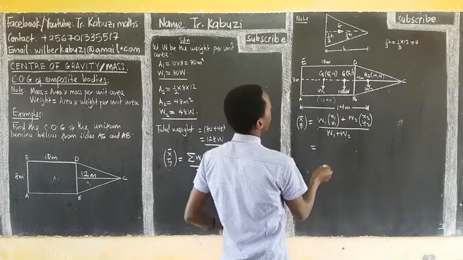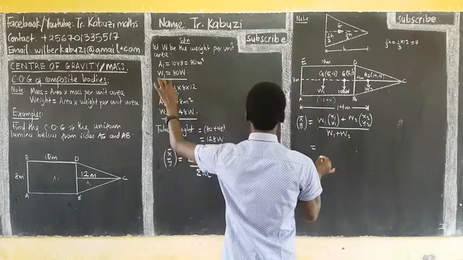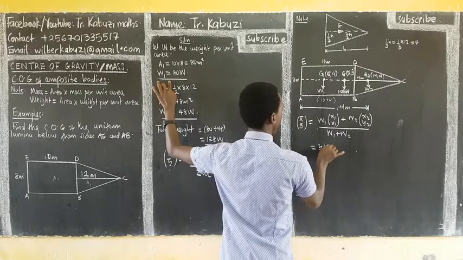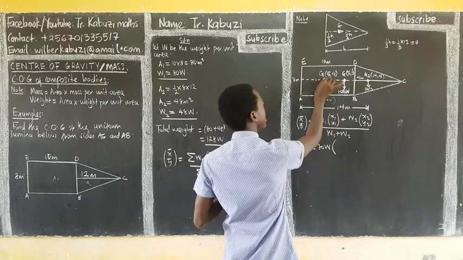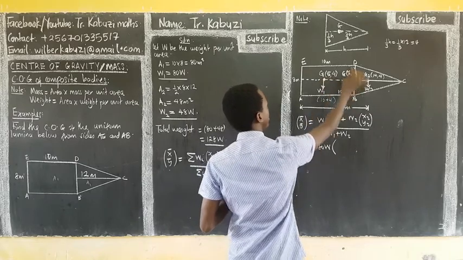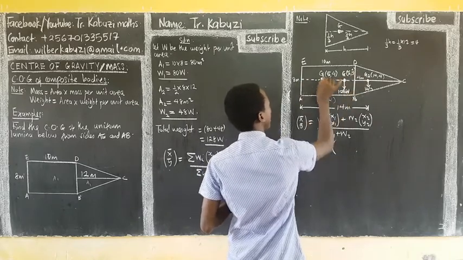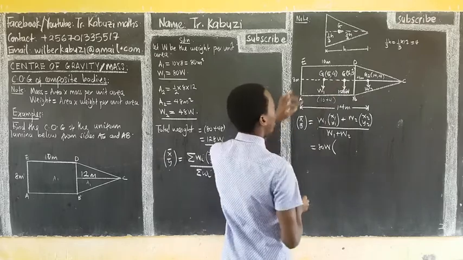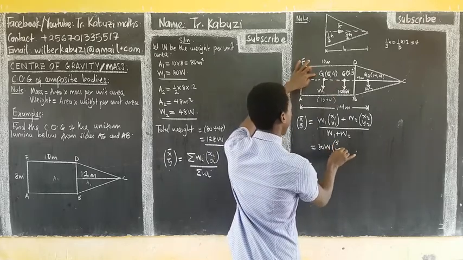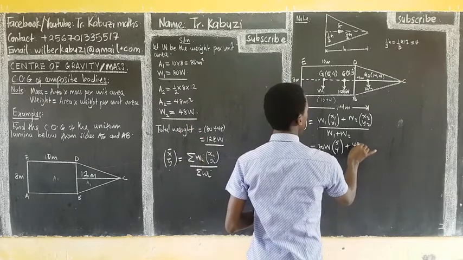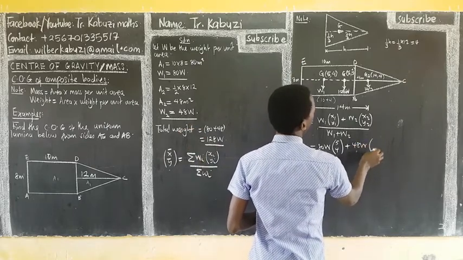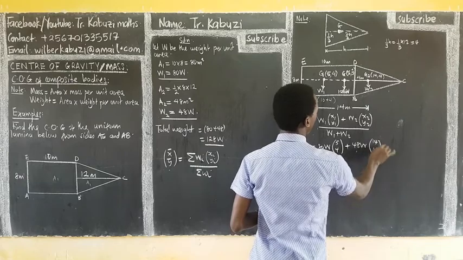So our W1, the weight 1, was 80 W. The coordinate where this weight is, you see it's acting here because this is the center of mass of this. So the center of gravity of this is where that weight is going to act, and the center there is 5, 4. So plus now 14, 4.